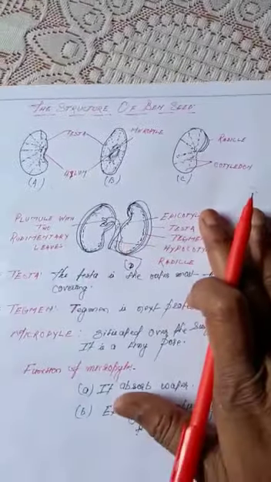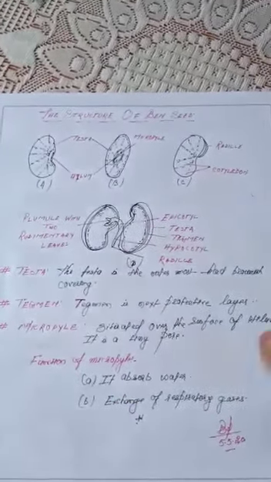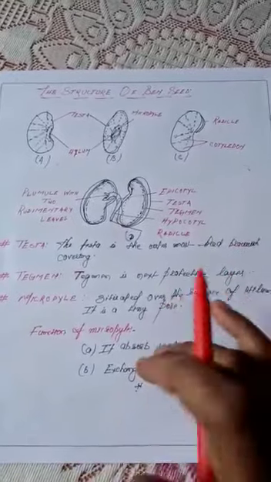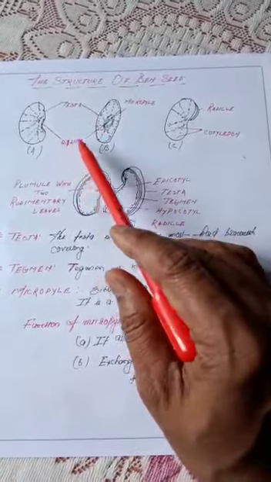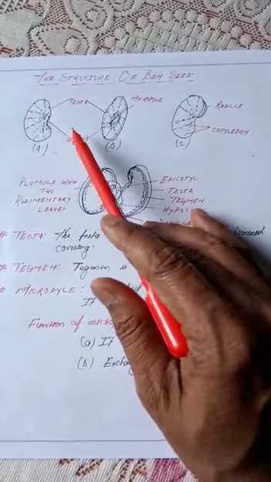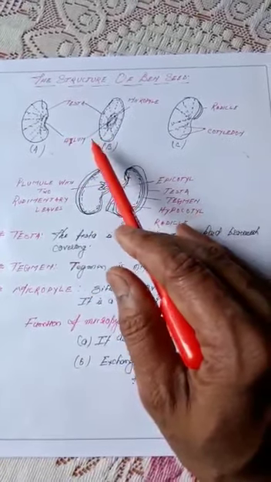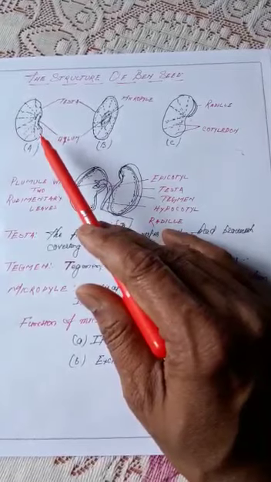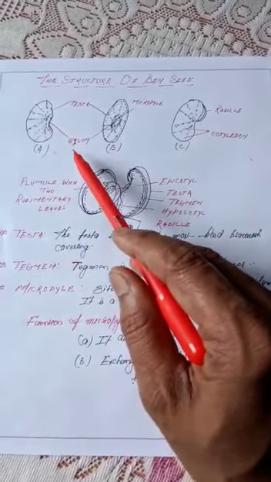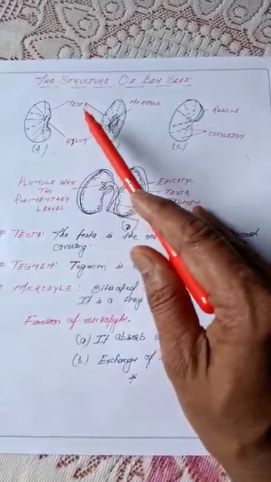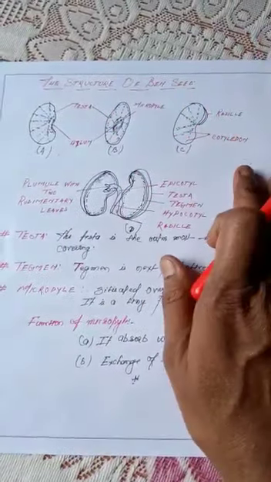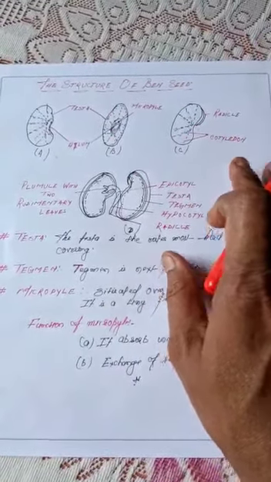My dear students, I have drawn this diagram of a bean seed. It is shown from multiple angles. This is a bean seed. As you can see, this is the testa. Testa is nothing but the outermost covering. This is the protective covering.